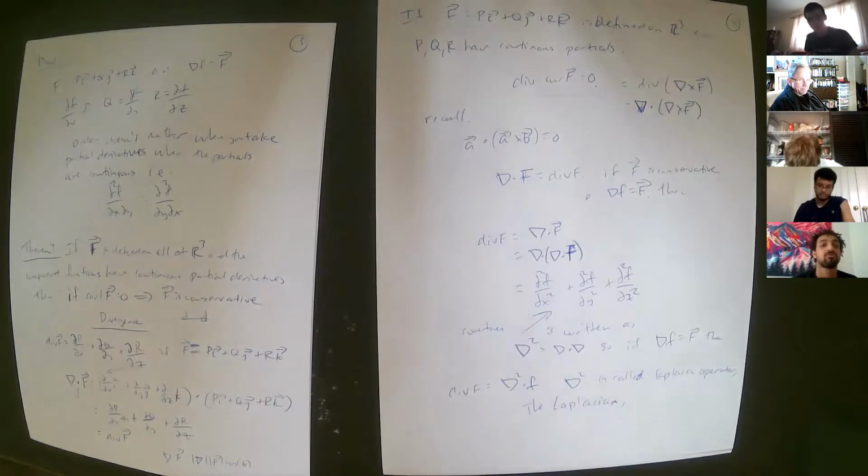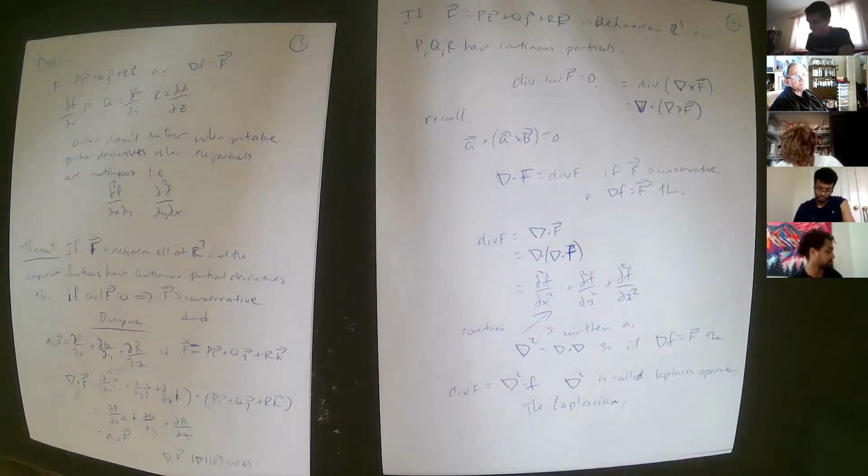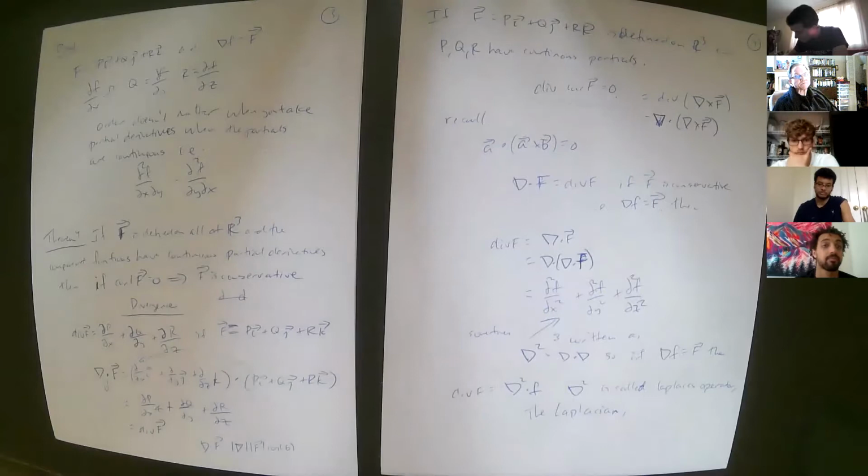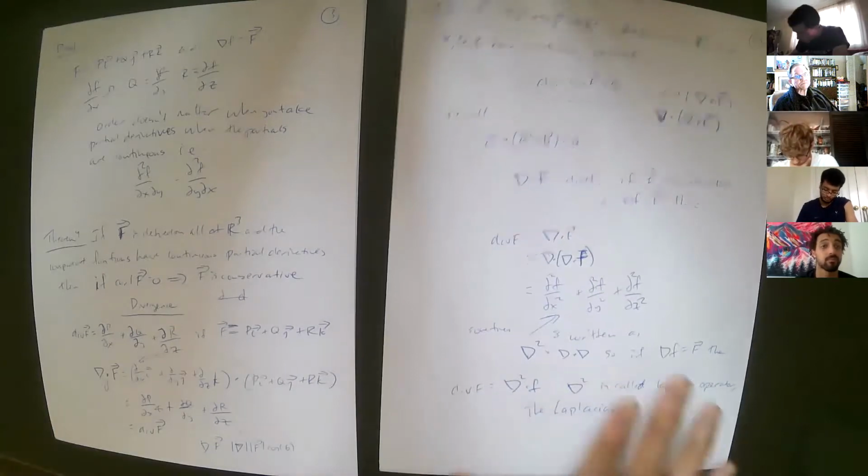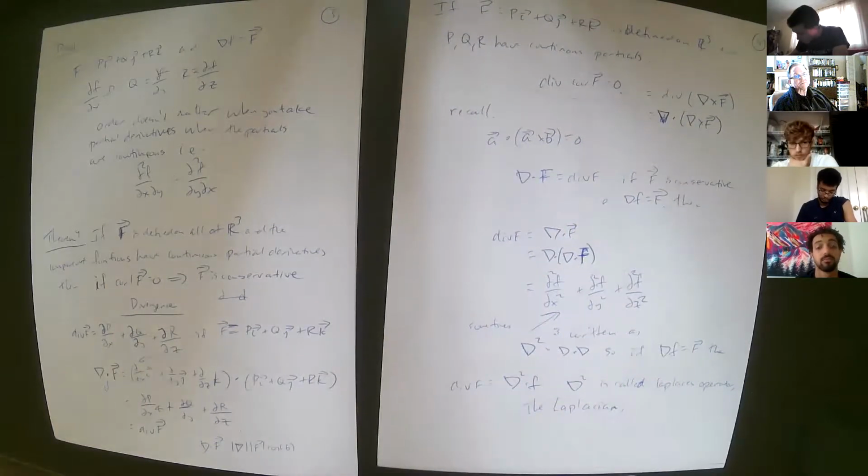So you will see the Laplace operator when you solve the wave equation. You'll solve the wave equation when you take classical mechanics. It also shows up when you talk about heat and things like that. So pretty important operator, though we won't talk about it now.